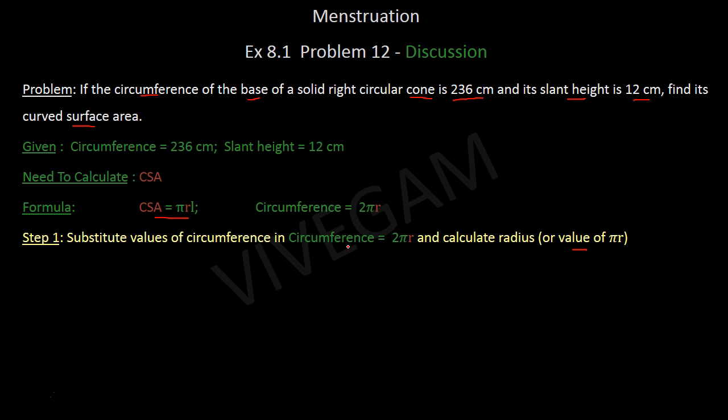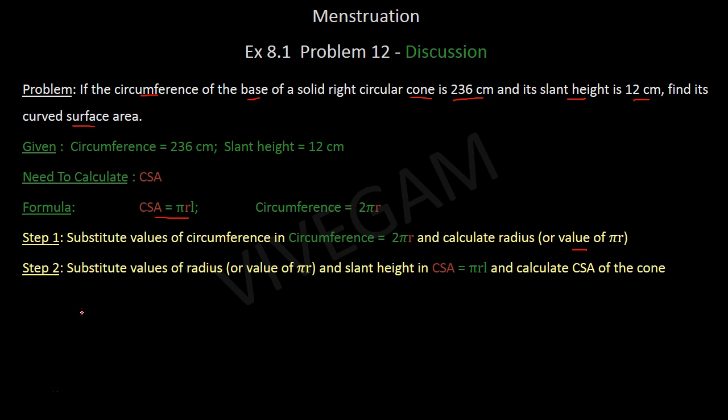All you are doing is substituting the value of circumference in this formula and calculating the radius of the cone. Then substitute the value of radius and the slant height, which is given in the problem as 12 cm, in the formula CSA equal to pi r L and calculate the curved surface area of the cone. So this is very simple, straightforward.